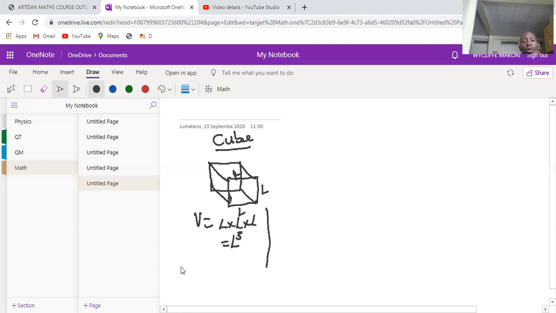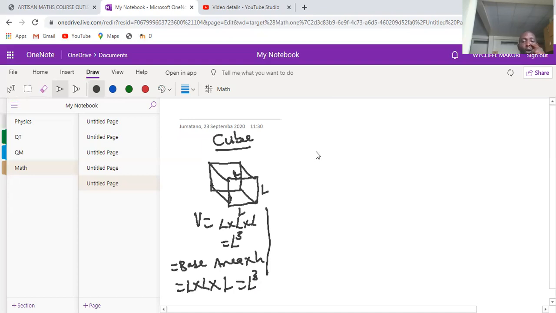In other books, they will tell you it's given by base area times height. But because the base is actually a square, the area of a square we know is length times length, then we multiply by height, which has the same length as the base dimension, which is the same as r. We find that is going to give you r cubed.